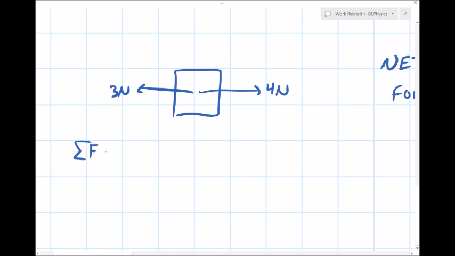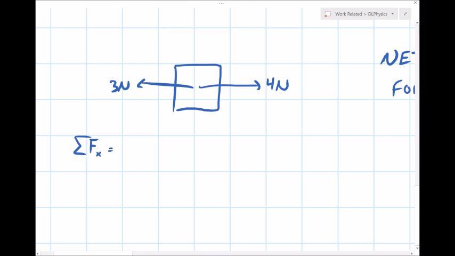So I'd say the sum of forces in the x direction equals, and I'd write my forces out. I have my 4 newtons, I'm going to give that my positive direction, plus a negative 3 newtons, right? Because it's in my negative direction. And that gets us 1 newton. So if I were to sum up all these forces, I would get 1 newton, and that is my net force. So that's pretty easy.